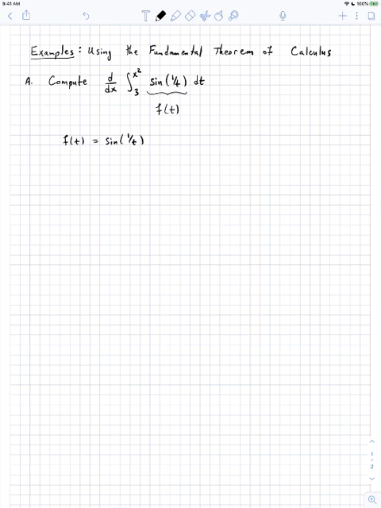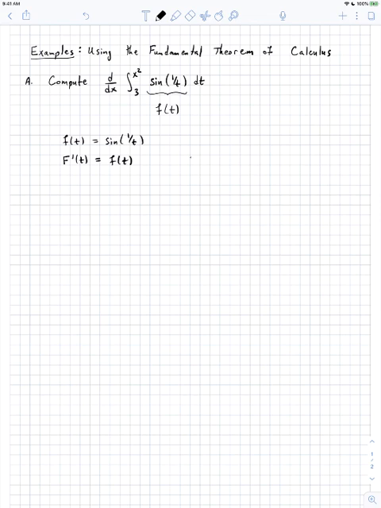So that means it has an antiderivative. We don't know what the antiderivative is, though. There's no way to write down some simple expression, some, as we call it, closed form expression for the antiderivative of sine of 1 over t. But an antiderivative does exist. So we're going to just let it be capital F. Capital F prime of t is going to equal little f of t.